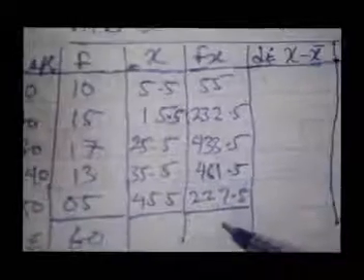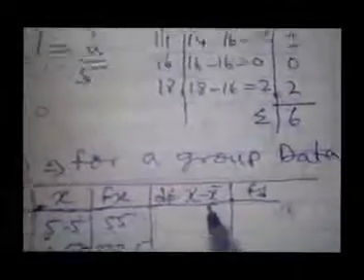So when you add 55, 232.5, 433.5, 461.5, and 227.5, we have a value of 1410. Now, how do we get our mean? If you can remember, mean equals summation f of x over summation f.